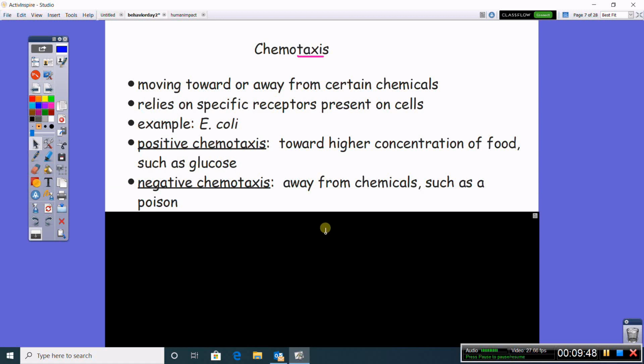And then any animal or organism might exhibit negative chemotaxis when it moves itself away from chemicals such as a poison.